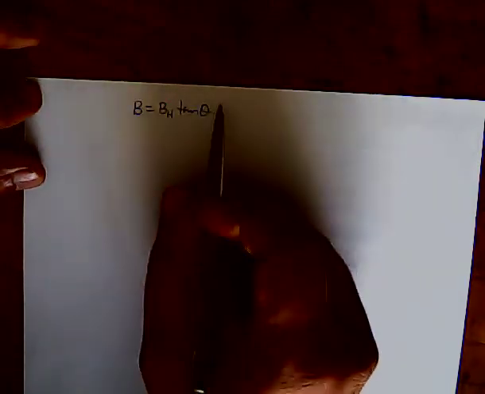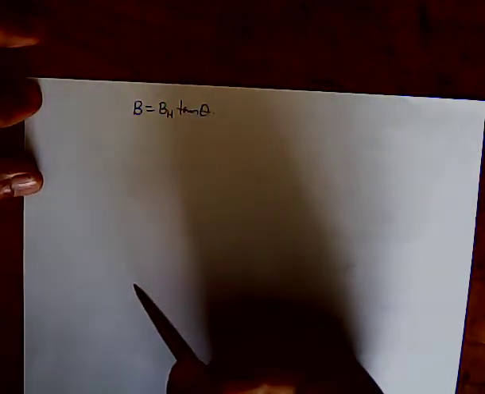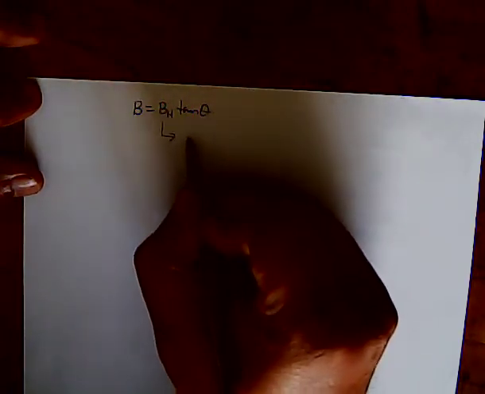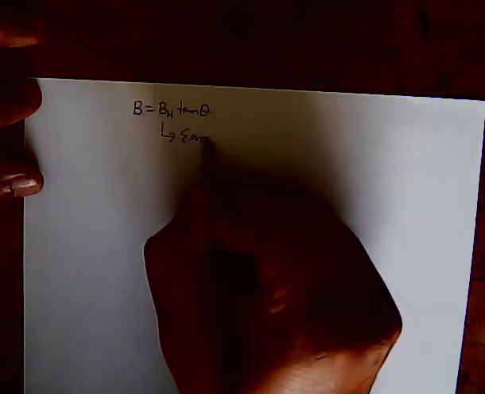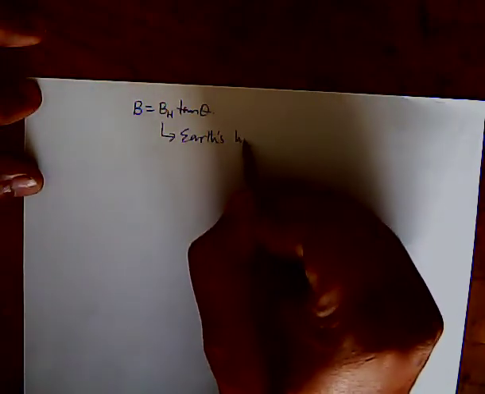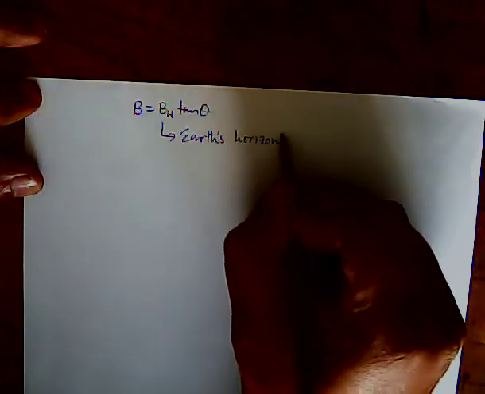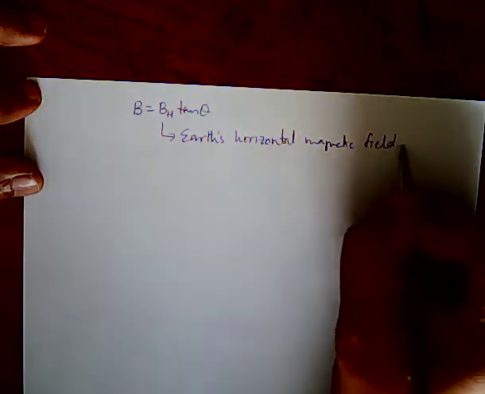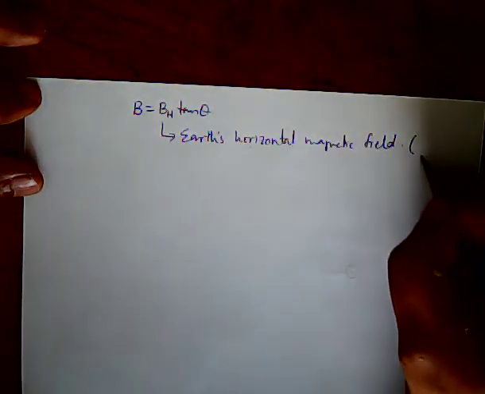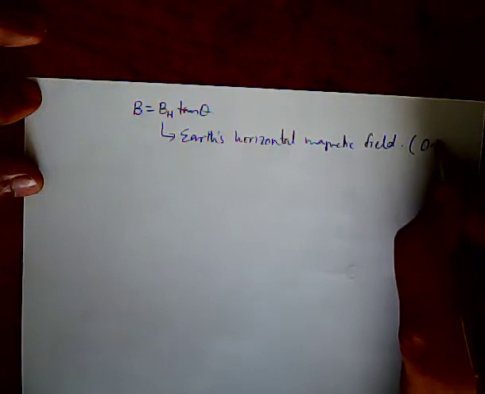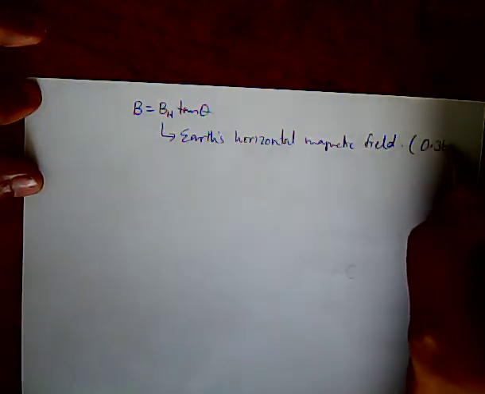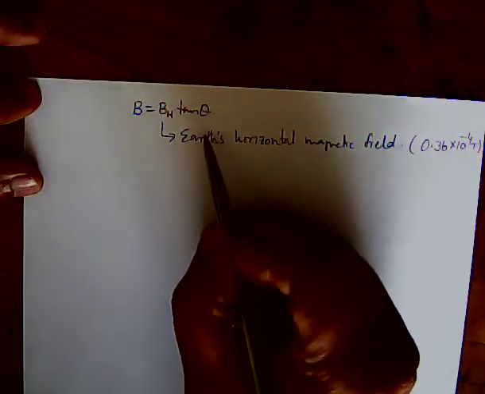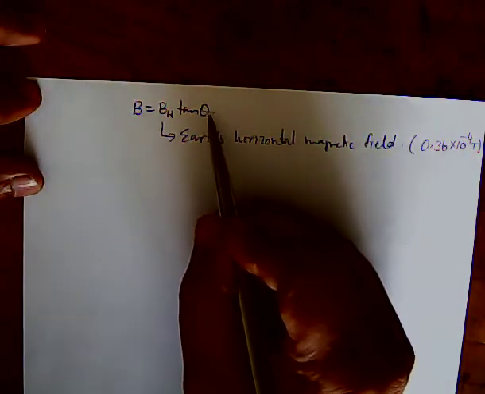This is a formula which you might have learned in your PU classes, where B_H is the Earth's horizontal magnetic field component, which has a standard value, which we know is equal to 0.36 into 10 to the power minus 4 Tesla. And theta is the deflection produced in the magnetic field.